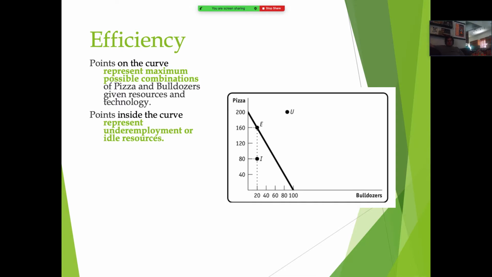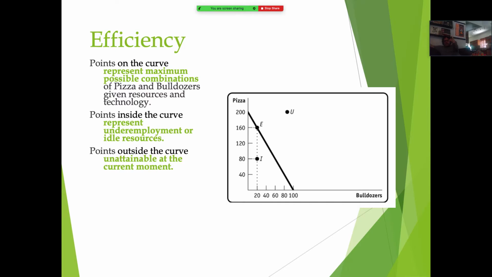and the economy should be doing better. And then a point outside the curve tells us that this point is unattainable, and this is the key, under the current conditions. So in that snapshot that we talked about a minute ago, they can't produce at point U. If they're producing 200 pizzas, they should be able to produce no bulldozers, because they don't have the resources.